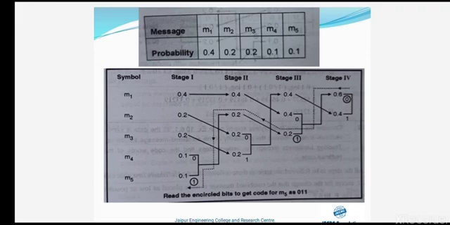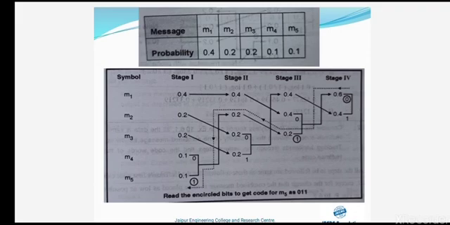Now we have to find the code word for all these messages so that we can easily find the entropy and the average code word length to find the efficiency of the discrete memoryless source. And when we find the efficiency, then we can easily find the code redundancy for this particular source.